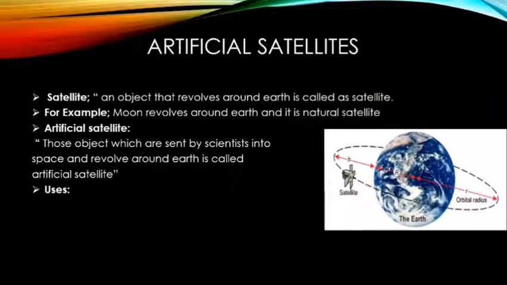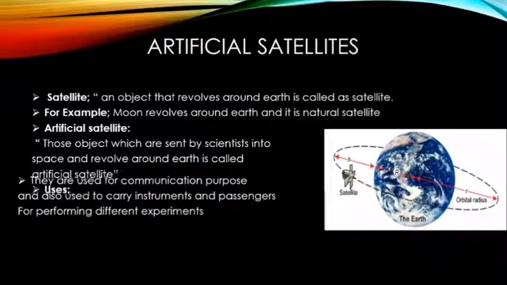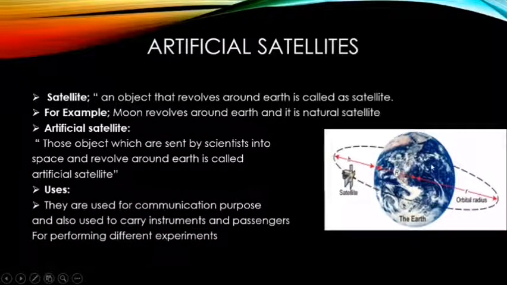Let's see some uses of artificial satellites. Artificial satellites are used for communication and also used to carry instruments and passengers for performing different experiments in space. Here we discuss one important thing, the global positioning system. The global positioning system consists of 24 Earth satellites, and these satellites revolve around the Earth with a speed of 27.3 meters per second.